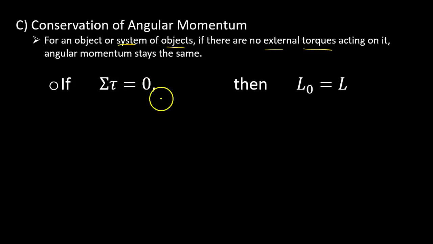So as long as there's no net external torque, the momentum you have in the beginning has to equal the momentum you have at the end. Similar to energy conservation, but of course the equations are different. Momentum is conserved. Well, let's look at an example, and this is really the classic angular momentum physics example.